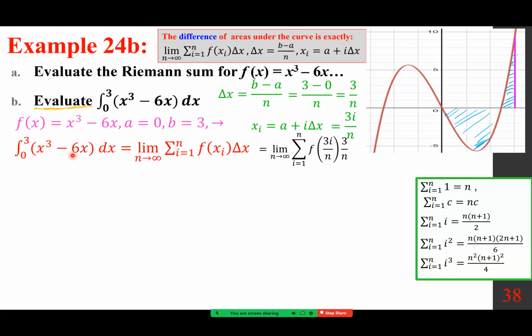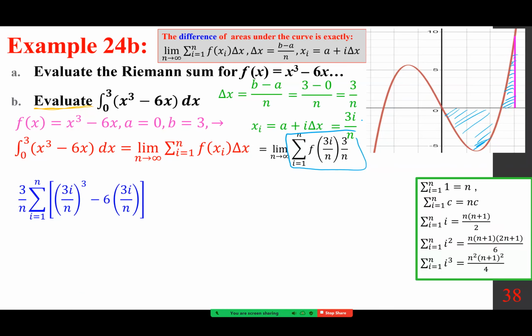So 3i over n to the third minus 6 times 3i over n, times 3 over n. And by the way, you can simplify this expression. Remember, we want to simplify this expression, and when we simplify it completely, then we take a limit. So I'm not going to carry the limit. I'm just going to simplify that.